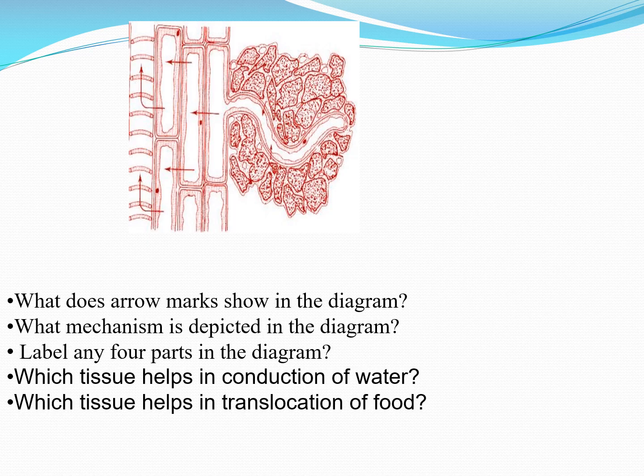Here the plant cells exhibit cell to cell endosmosis. So through cell to cell endosmosis, water flows from one cell to another cell and finally it exhibits ascent of sap. Next question. Label any four parts in the diagram.